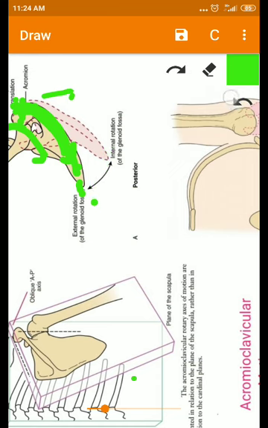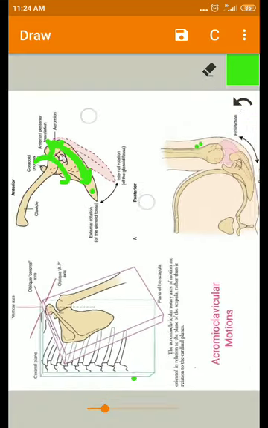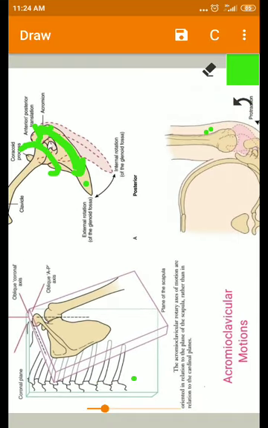Because of all these movements, what is the aim of such movements? The aim of this kind of motion is maintaining the orientation of the glenoid fossa and also congruency with the humeral head.